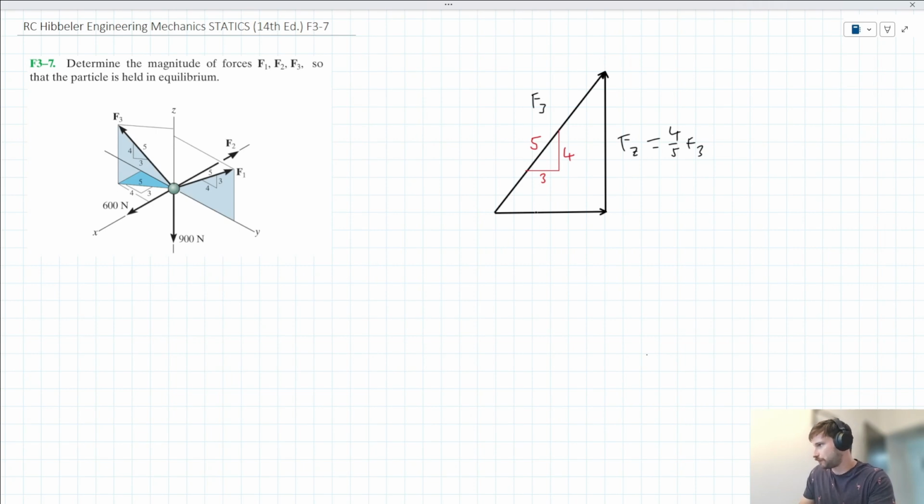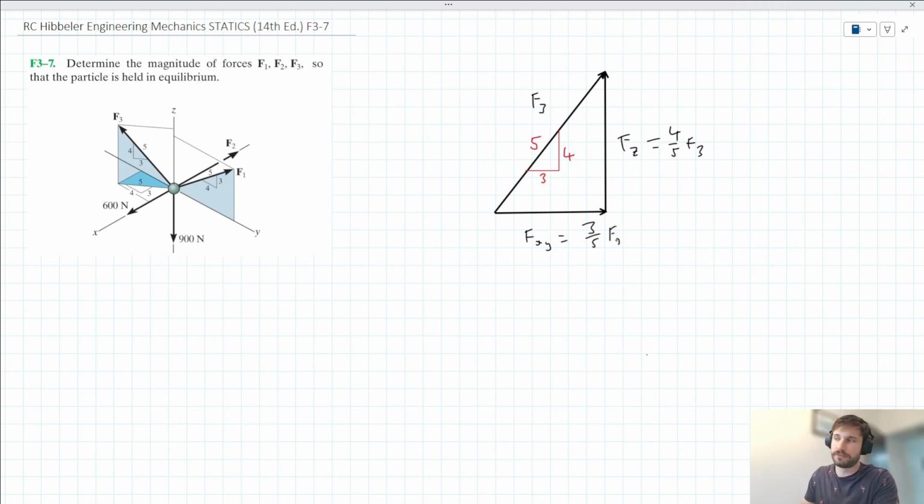This bottom component here is what we can describe as its XY component. Okay, it's not the X component, it's not the Y component, it's the XY component. So that is describing how much F3 is acting in the XY plane. And as you can probably infer, that is equal to 3/5 of F3.